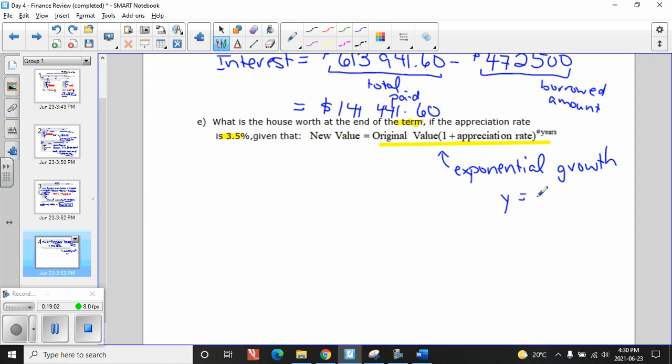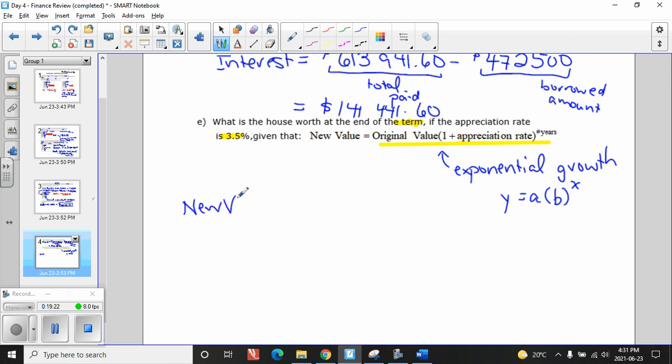It looks something like this from our last video. Original value is A, the 1 plus appreciation rate, that's going to be the base of the power, and the exponent's how long we are letting the house value increase. So I'm just going to plug into that formula.